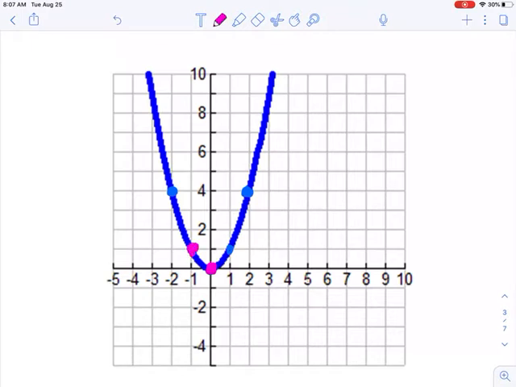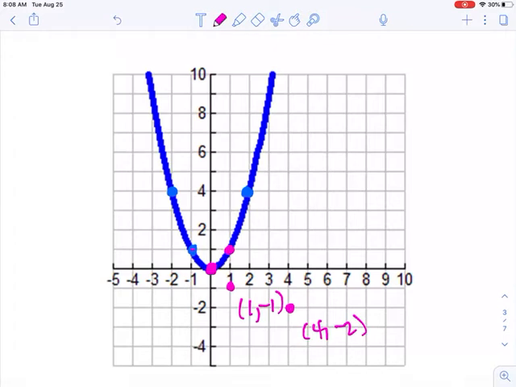So this coordinate right here, 0, 0, if I switch x and y, well, it's going to stay 0, 0, right? Now this coordinate right here, negative 1, 1, if I switch the x's and y's, it becomes 1, negative 1. And this coordinate right here is negative 2, 4.